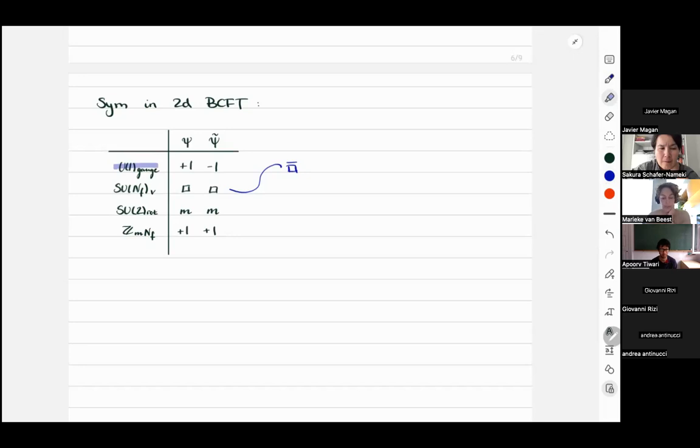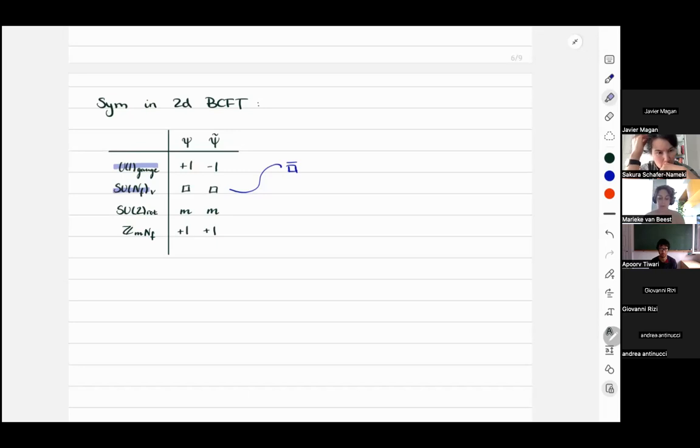Second of all, the flavor symmetry participates in the 2-group, but you can either take the diagonal or the anti-diagonal, and then you get rid of the 2-group, which is why we can have either box-box or box-box bar. Both of these are options, and they're going to be realized in different scenarios depending on what your UV completion is. The one that we're going to be discussing is the simplest case. If you take the SU2 Georgi-Glashow model, then that's going to, in the IR, give rise to this box-box theory.